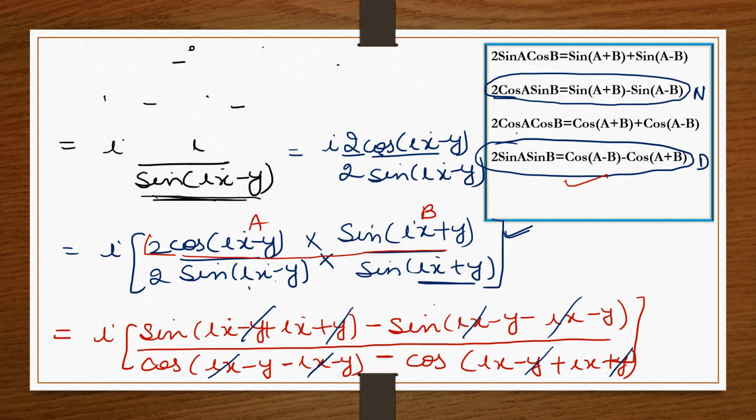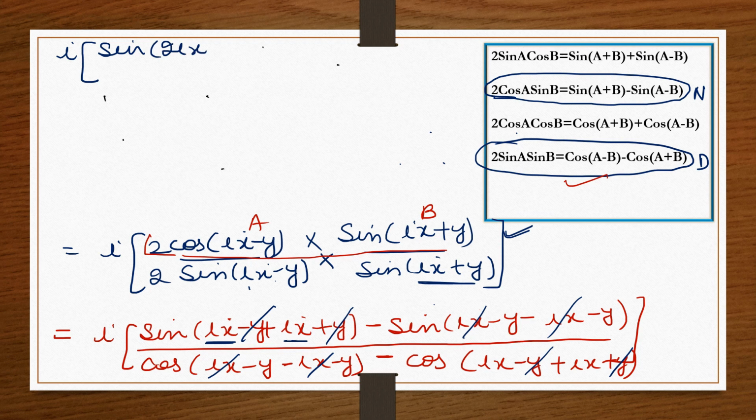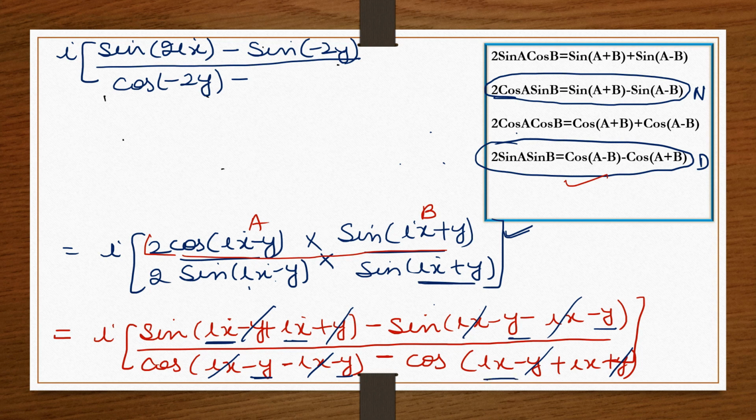Let me erase this first and then we'll solve it. So you will get ι as such, and here ιx and ιx, sin 2ιx, right? Here minus y, so you'll get minus sin(−2y). In the denominator, minus y, so cos(−2y), and minus ιx, cos 2ιx.